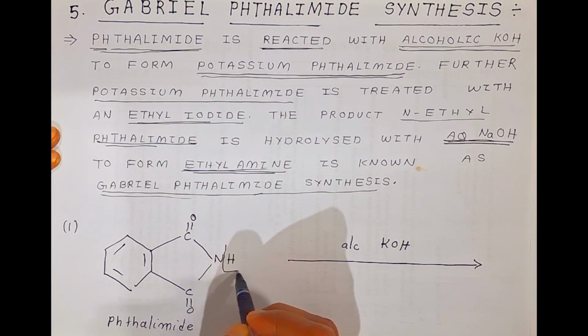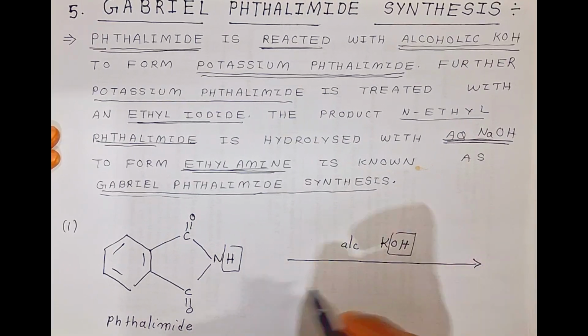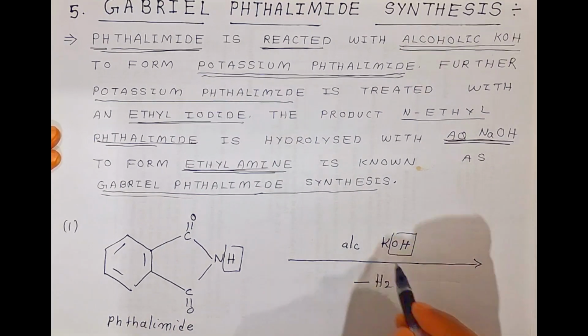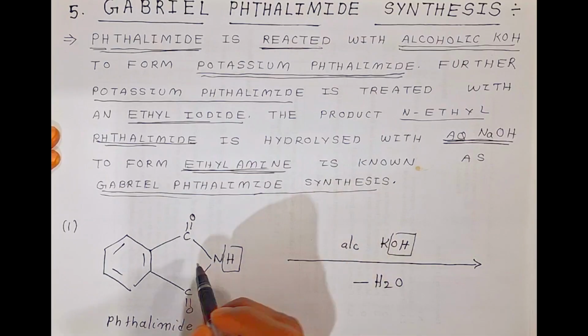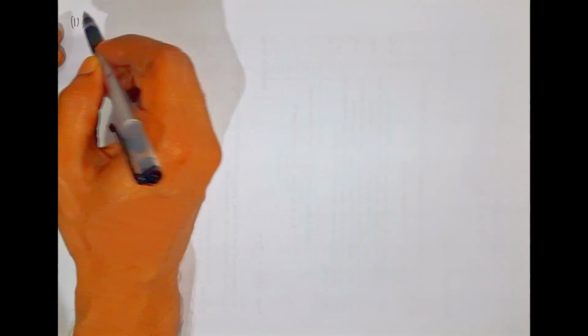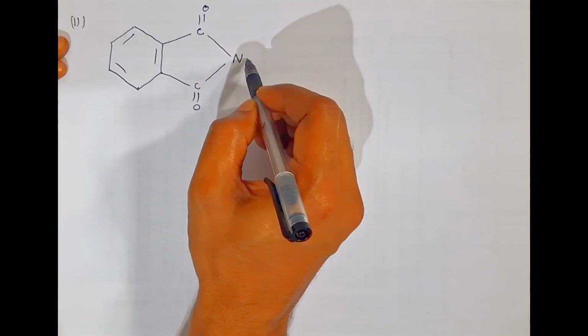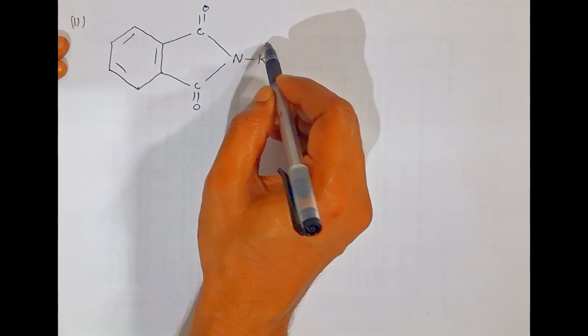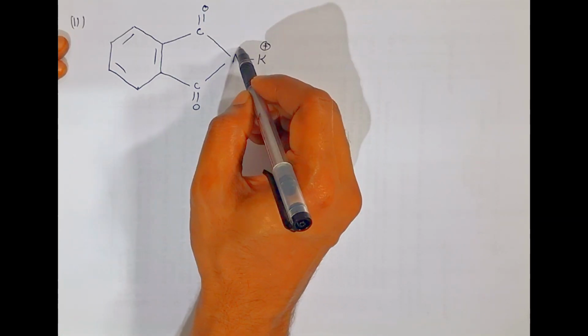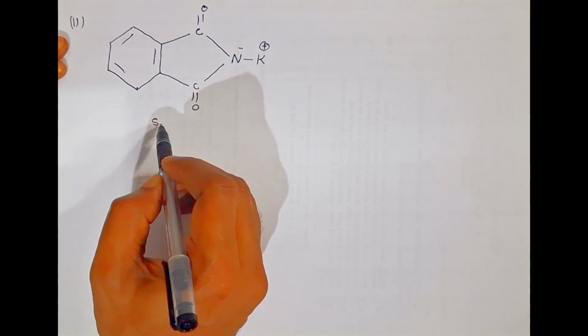This hydrogen combines with OH of this KOH, and they remove the water molecule, and this K now joins with this nitrogen. So in the second process there is a formation of salt students. Potassium is always positive, so the nitrogen will be negative. So here you are getting the salt.